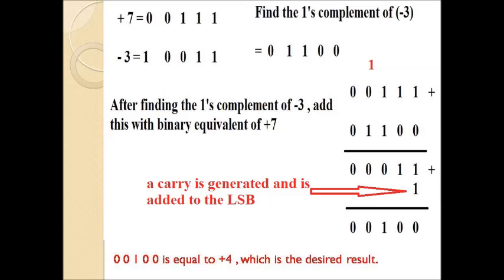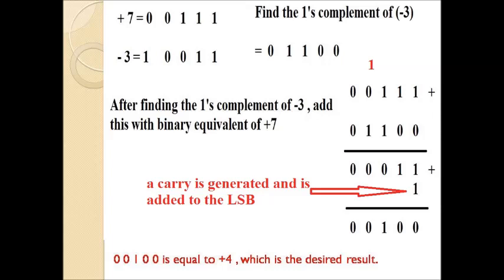Okay, so we are going to work on this principle. First we find the 1's complement of the negative number. Here the negative number is minus 3, and we get its 1's complement by replacing each 0 with 1 and each 1 with 0. So the 1's complement of minus 3 is 1 1 1 0 0.